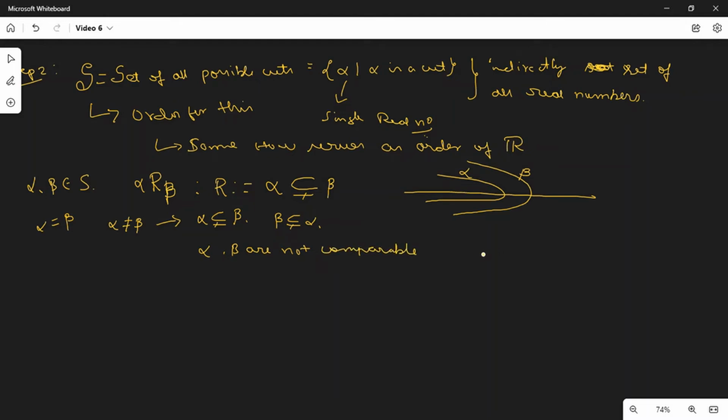That means alpha is not a subset of beta, and beta is also not a subset of alpha. They are completely different. All this is possible.